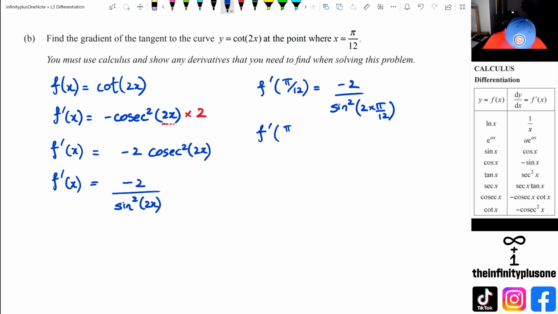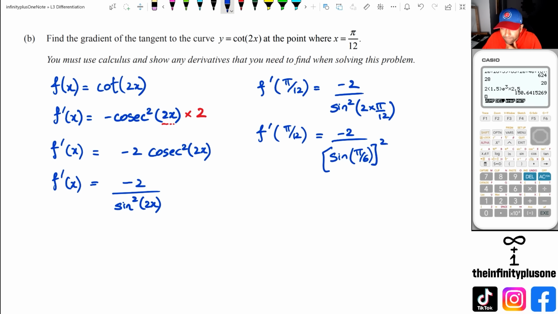So f dash of pi over 12 equals minus 2, and I'm going to write this as sine pi over 6, whole thing squared. Alright, so I've got negative 2 divided by sine pi over 6. Should have actually put this in a bracket. Let's do that.